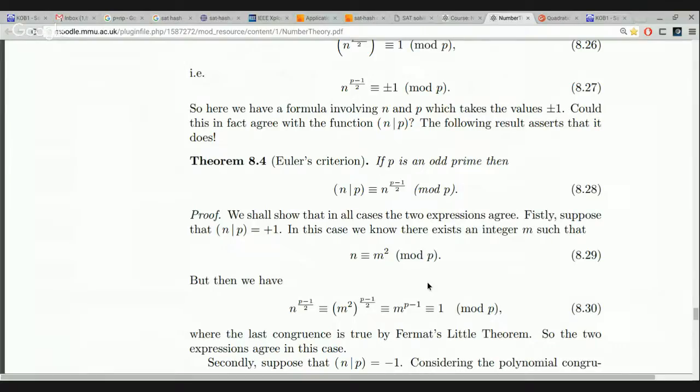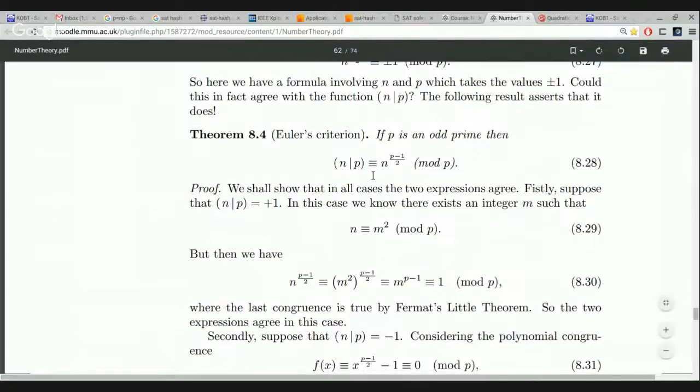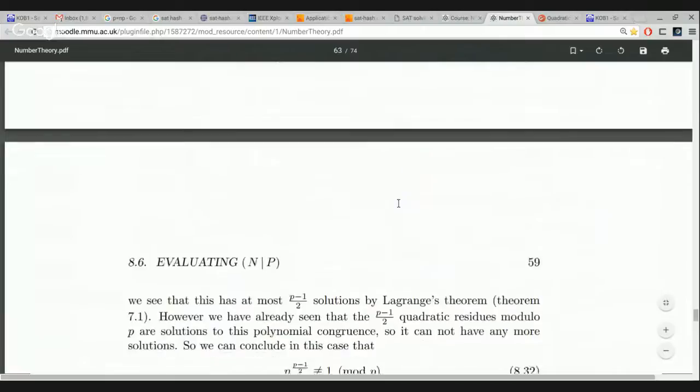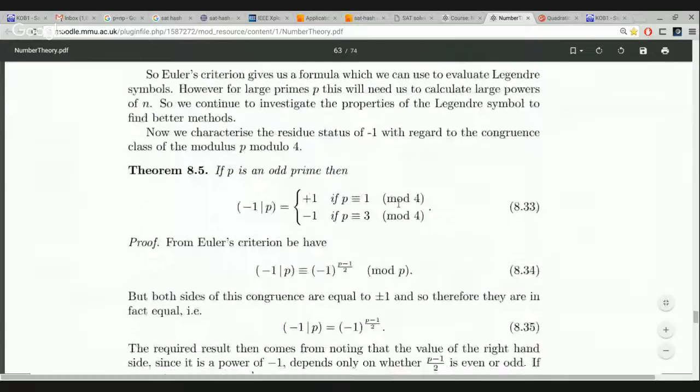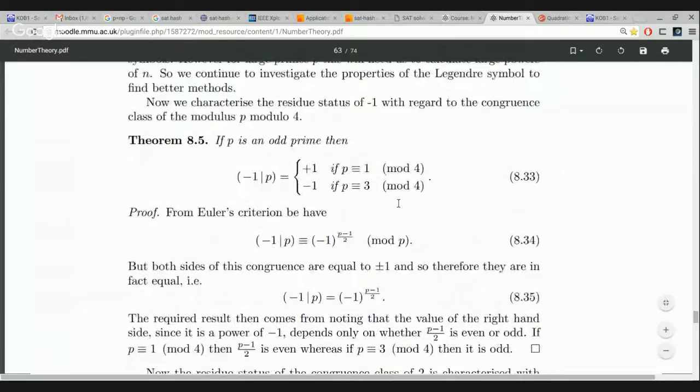We proved that last time. And Euler's criterion is kind of the basis for the rest of the work we do with the Legendre symbol. Taking that formula, that the Legendre symbol (n/p) is congruent to n to the power of (p-1)/2, we were able to very quickly describe the Legendre symbol values for -1.